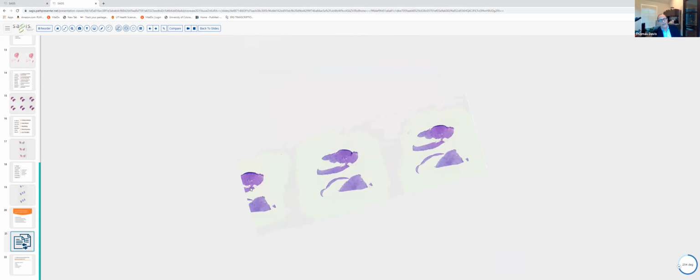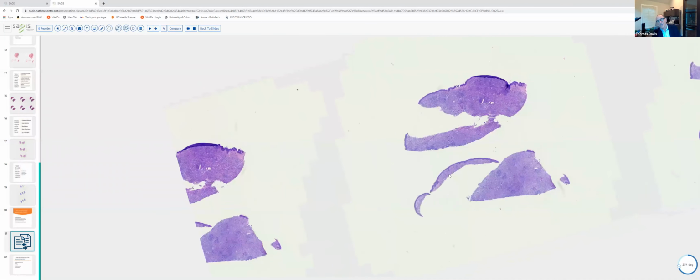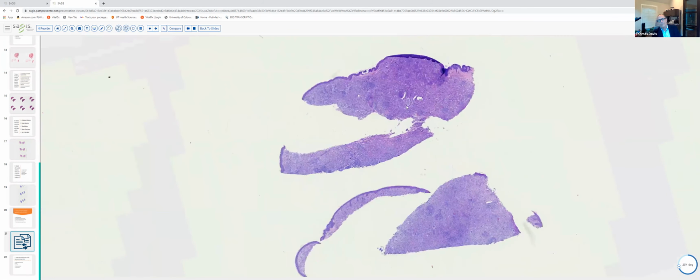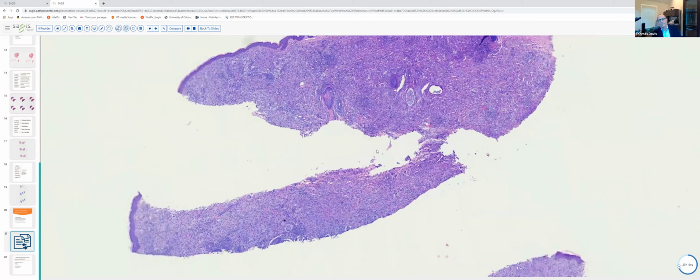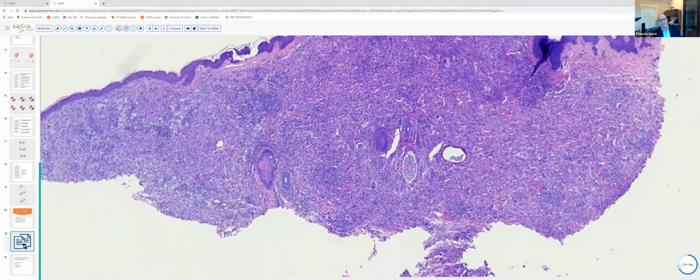So we've got a shave biopsy here. The epidermis is quite thin. And on first blush, this looks very much like the reticulohistiocytic granuloma slide we looked at. We've got an infiltrate present in the dermis, and we've kind of got light and dark staining areas. But when we go in and take a look at the infiltrate, we notice a couple of differences.